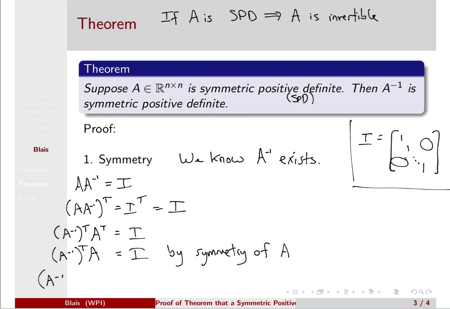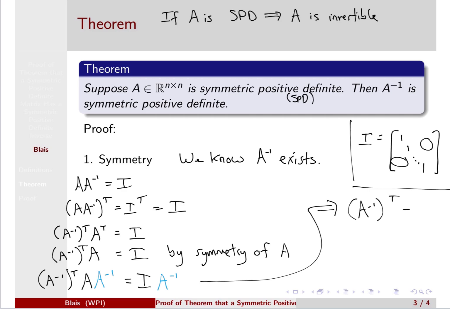So we have A inverse transpose times A equal to the identity, and we multiply on the right by A inverse. Of course, A times A inverse is the identity. And so this tells us that A inverse transpose is equal to A inverse, because of course the identity times A inverse is A inverse. And this is what we wanted to show.